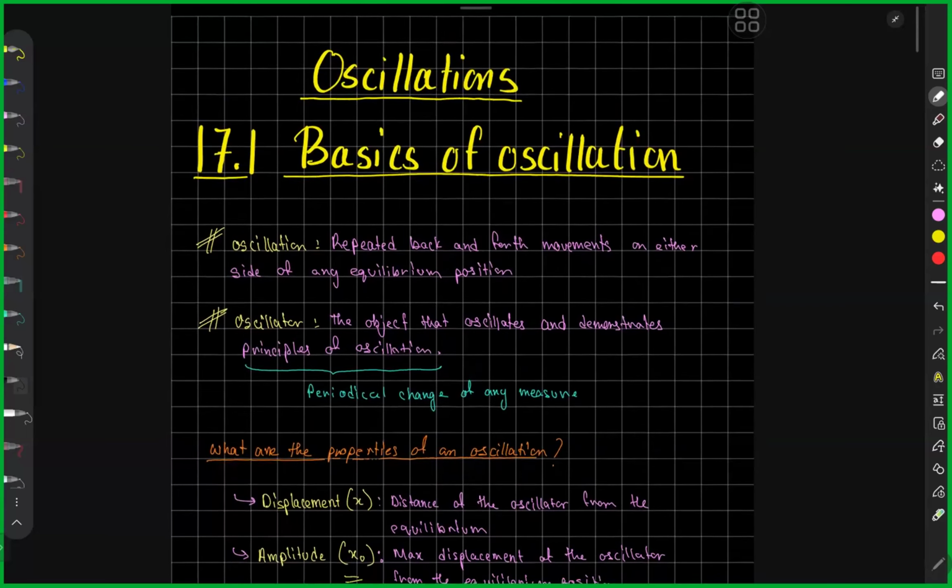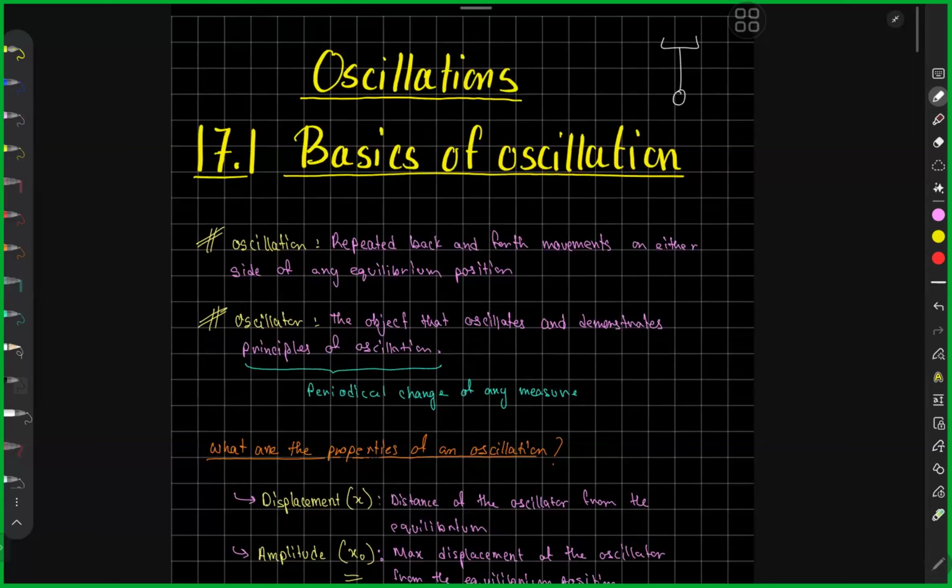In this one, this is the equilibrium position, where my tension equals the weight. There is no other unbalanced force. Whenever I shift it from the equilibrium position, any repeated back and forth movement on either side of the equilibrium position is an oscillation.